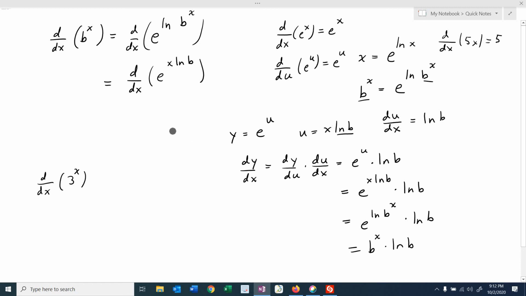Okay, so we just found the derivative of this function. It's the outer derivative times the inner derivative. Right? b raised to the x power times the ln of b. Okay, and so that's theorem 3.16.